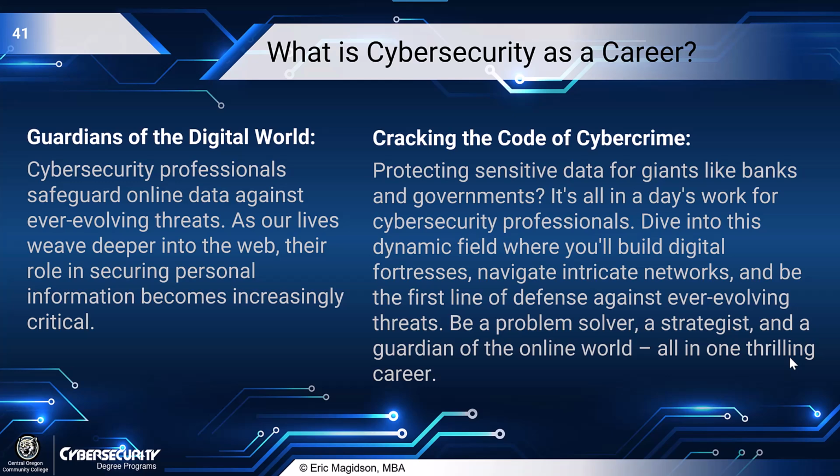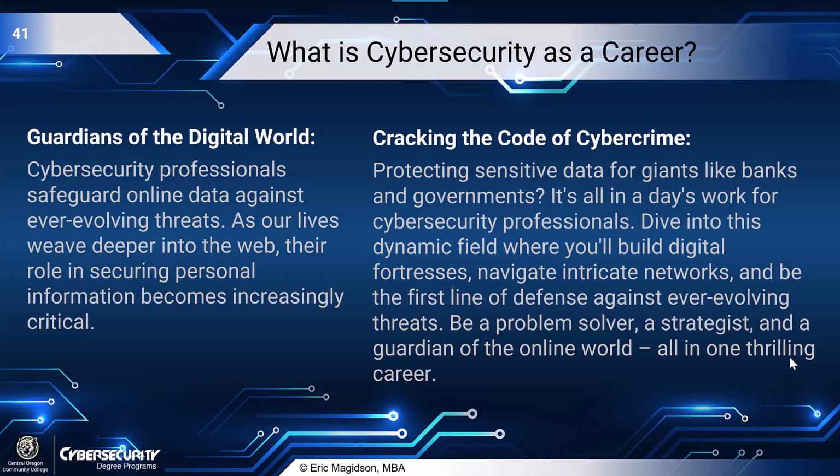So how do we crack the code on cybercrime? Well, protect sensitive data. For giants like banks, governments, we're seeing municipalities, cities, counties, and states get hit by ransomware, and all that personal data. Here in Oregon, where I'm from, the DMV got hacked, and millions of pieces of personal information were released due to a software vulnerability in some software that transferred data back and forth.